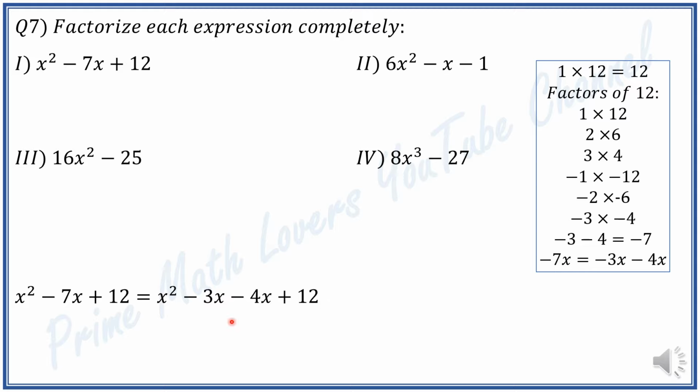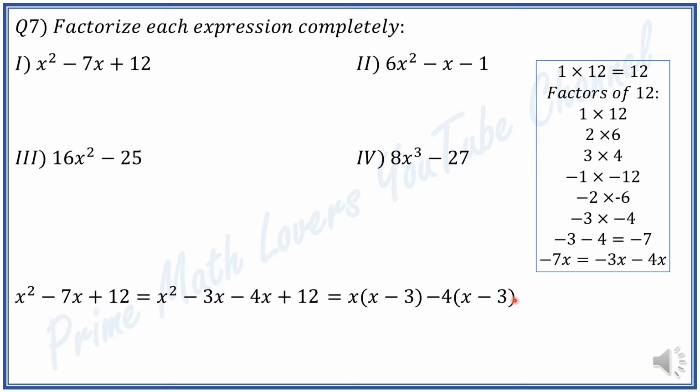Group them into two pairs, this pair and this pair. Factor out the greatest common factor from each pair separately. From the first pair, we factor out x, so we'll get x times x minus 3. And from the second pair, we factor out minus 4, and we will get minus 4 times x minus 3.